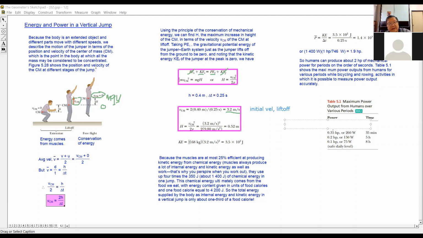Now this one is just stretching up, purely from the muscles. So how about the height? The maximum height we found earlier using the conservation of energy is VCM squared over 2g. So VCM squared over 2g, we copy down here.